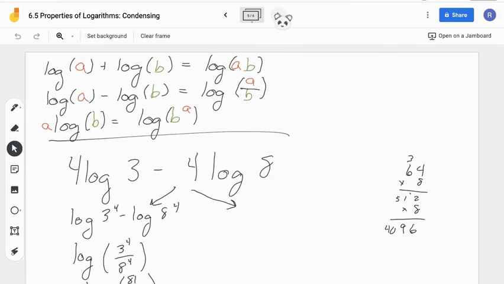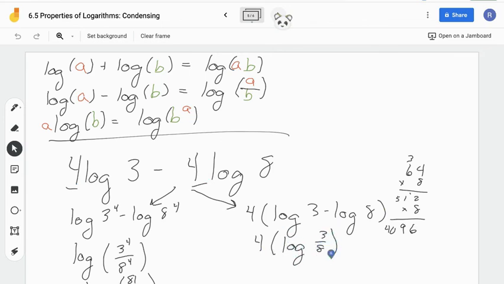Now the other thing that we could do here is we could say, well, this is 4 times the log of 3 minus the log of 8. See, I could take out kind of that common multiple, which would then become the log of 3 divided by 8.